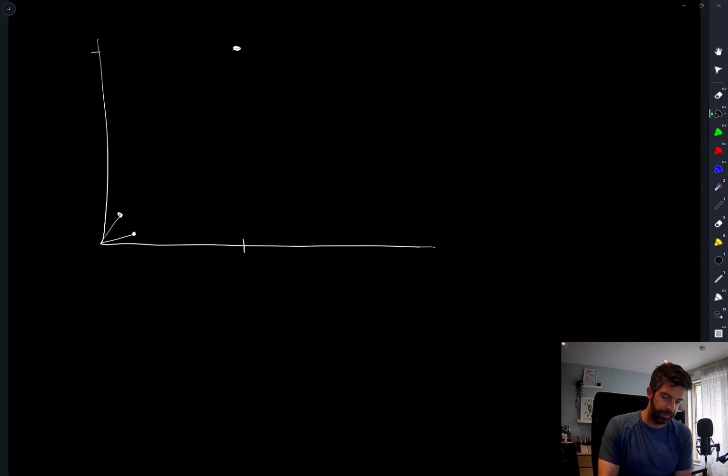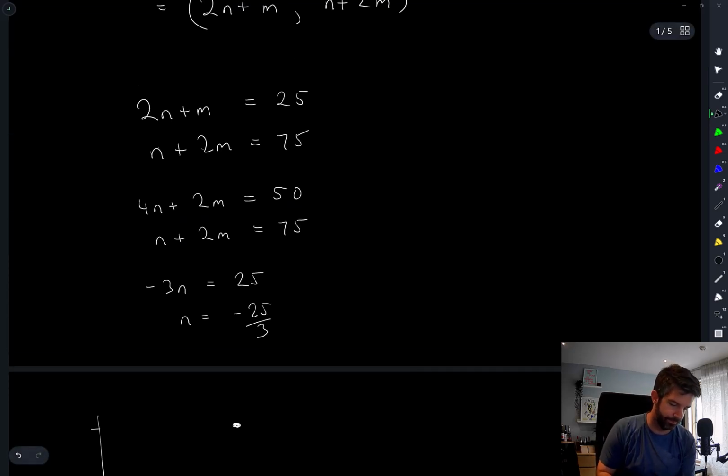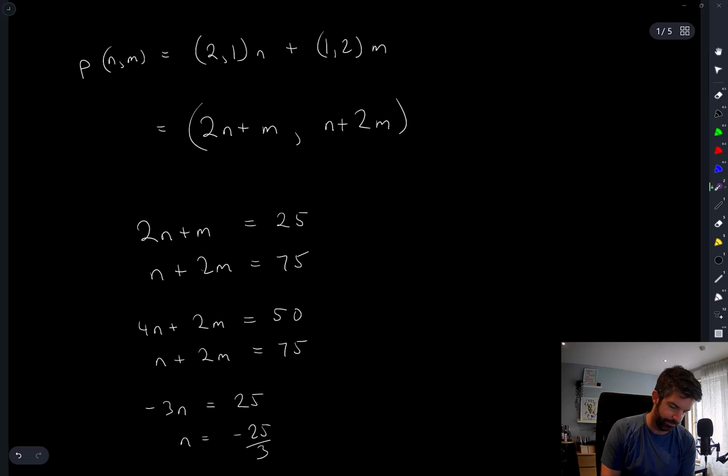I don't know if there's some sophisticated technique to figure this out, or if I'm just going to... I mean, it looks like there's some sort of remainder thing going on here, right? In a sense, we're dividing the vector 25, 75.